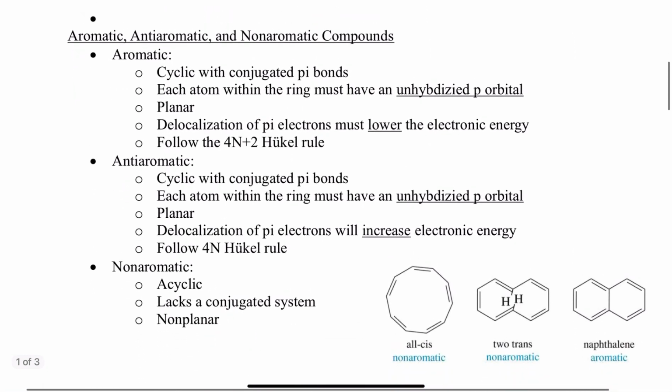So to be aromatic, you do have to be a cyclic structure, and it must contain conjugated pi bonds. Each atom within the ring must have an unhybridized p orbital. So we've got to be sp2 or we've got to be sp. But what we'll be looking at in this chapter is mainly sp2 hybridized atoms.